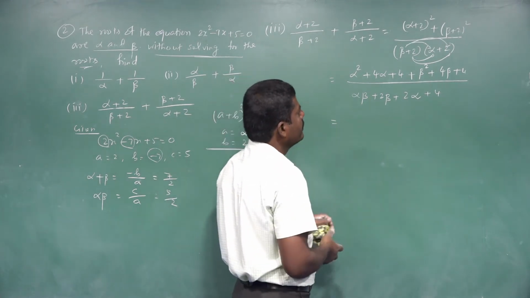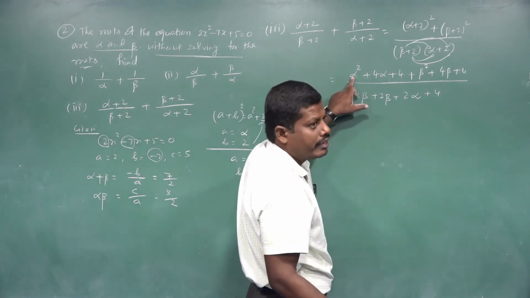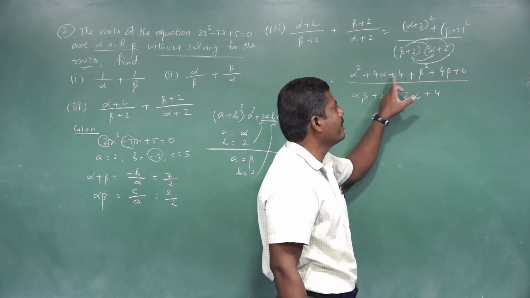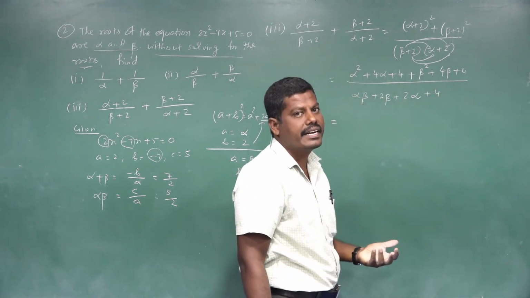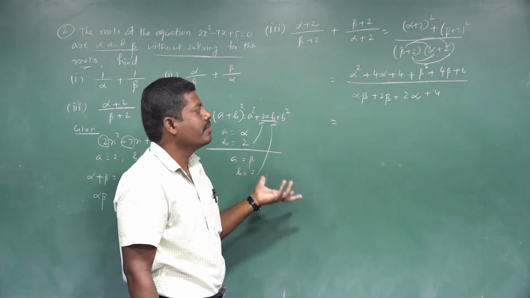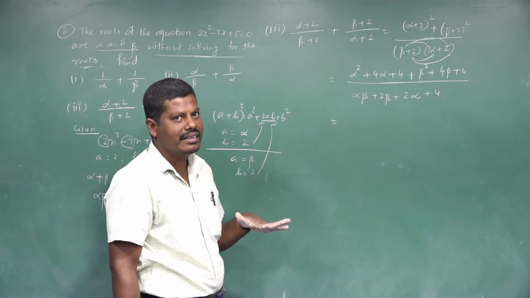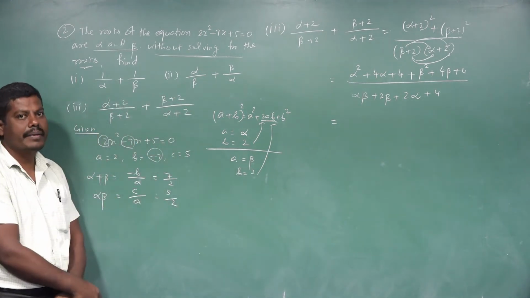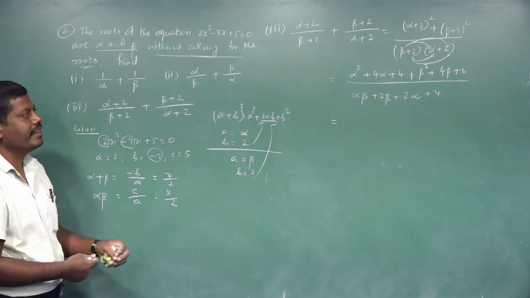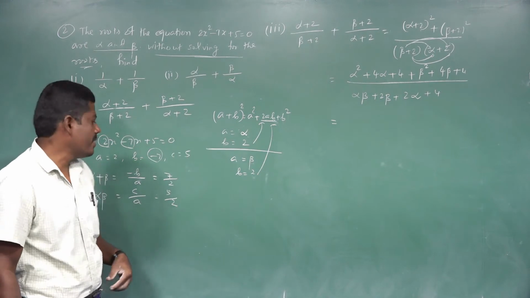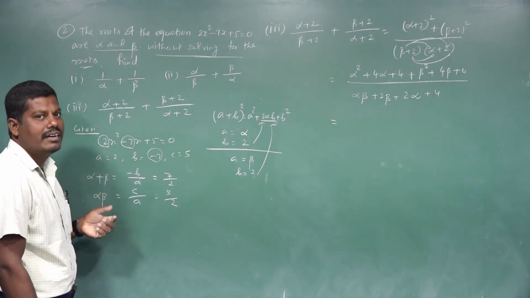Now we don't know the alpha square value and beta square value. Alpha and beta separately are there. We cannot substitute any value because we don't have the values for alpha square, beta square, alpha and beta. Understand? We know only the alpha plus beta value and alpha beta value. So further we want to convert this expression into the form of alpha plus beta and alpha beta.